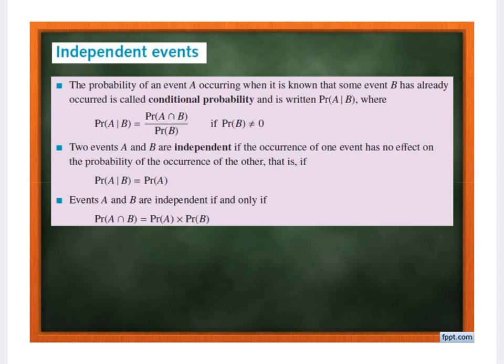Two events A and B are independent if the occurrence of one event has no effect on the probability of the occurrence of the other. That is, if probability of A given B equals probability of A. A and B are independent if and only if probability of A intersect B equals probability of A multiplied by probability of B.